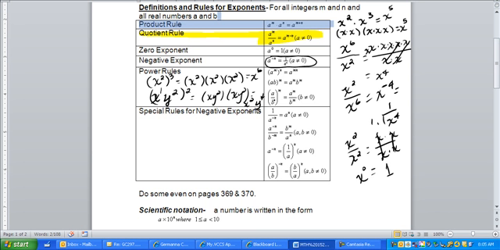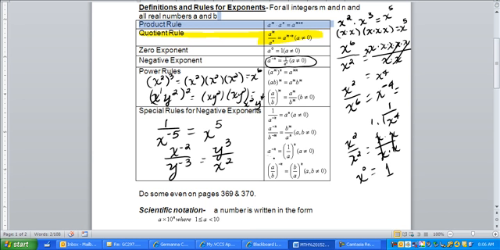Some special rules for negative exponents. What the negative exponent means is take the reciprocal. So if we have, for example, 1 over x to the negative 5, that's equivalent to taking the reciprocal and making it a positive exponent. It would be x to the 5th. If you have x to the negative 2 over y to the negative 3, we can invert these and make the exponent positive. And that's basically what the second one is saying.